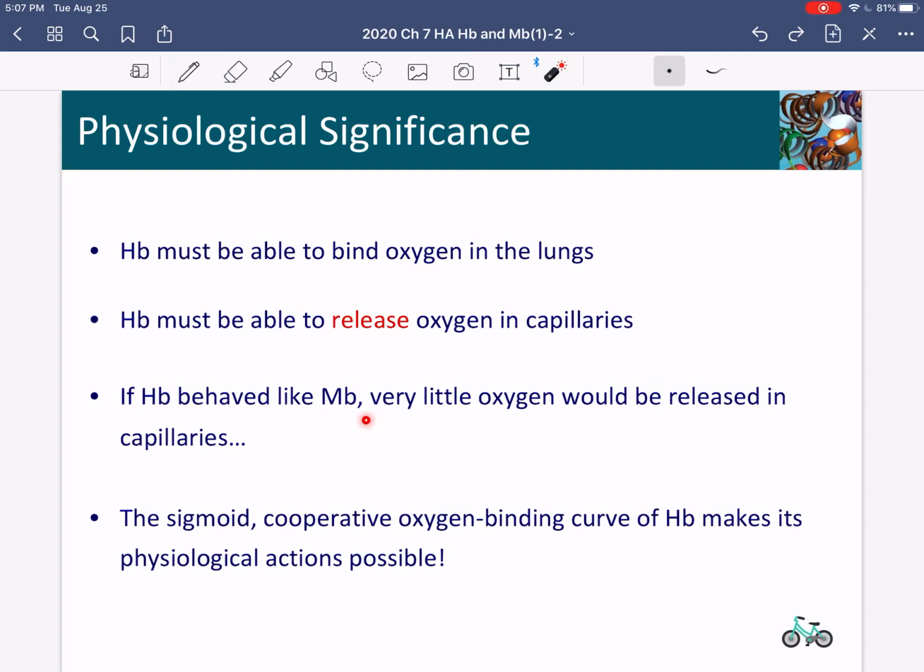If hemoglobin behaved like myoglobin, you would get very little oxygen released in the capillaries into the tissues, into the cells, and you wouldn't be able to make ATP, okay? Not very much of it anyway. And so you need that. You need to be able to release the oxygen. And so it's the sigmoidal cooperative oxygen binding of hemoglobin to oxygen that makes its physiological processes possible.